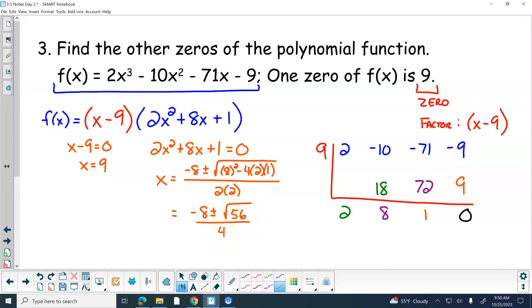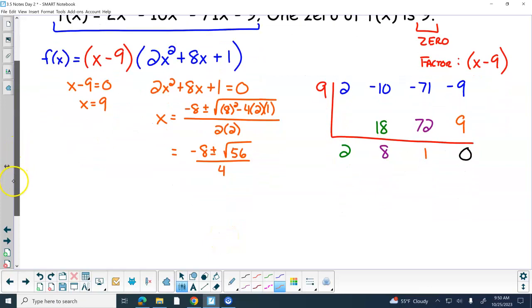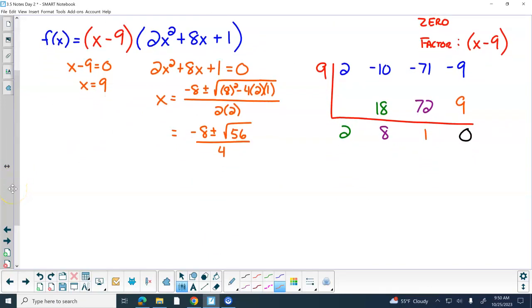Can 56 be simplified as a radical? Four goes in there how many times? 14 times.